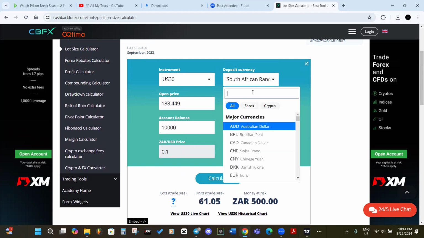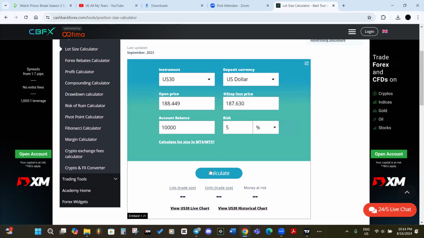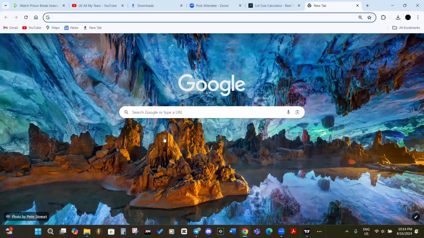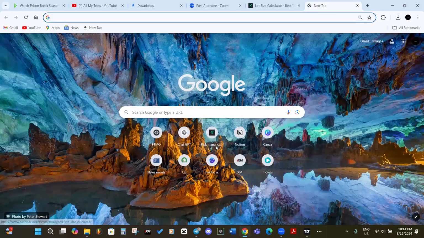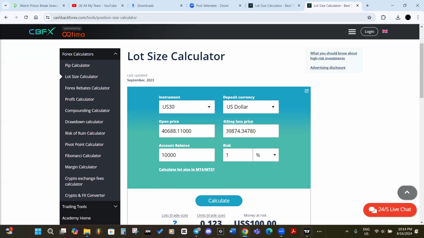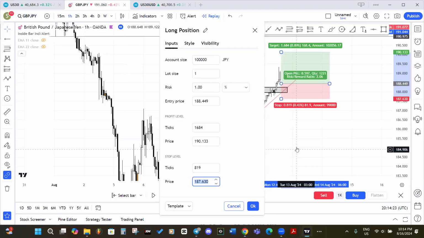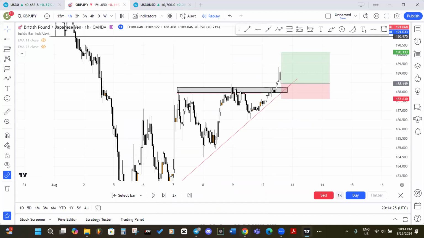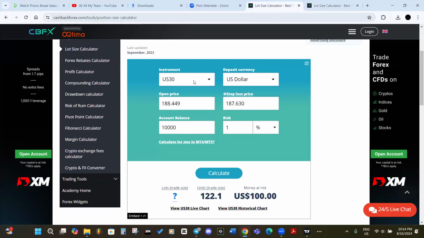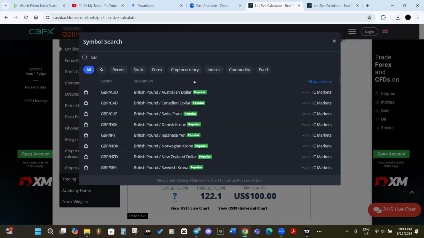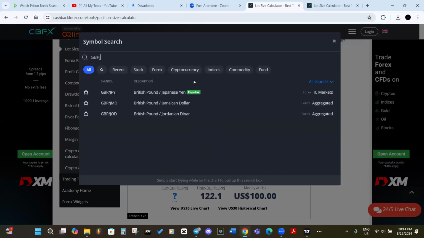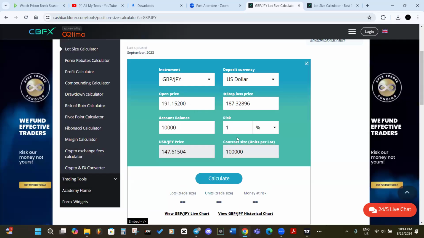The conversion price to USD... No, it's not USD, it's GBP JPY. That's why. Oh yeah, it's GBP JPY. Okay, sorry about that, guys.